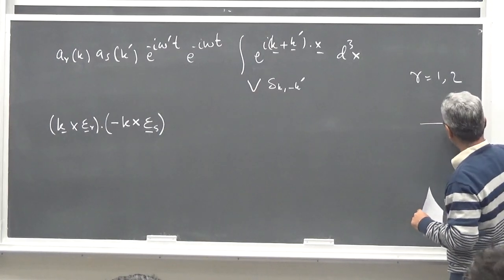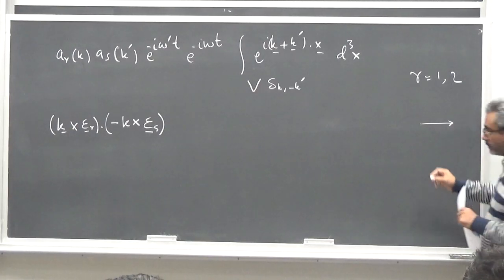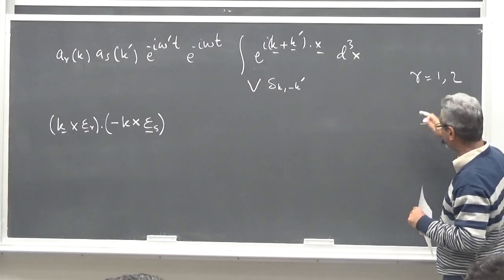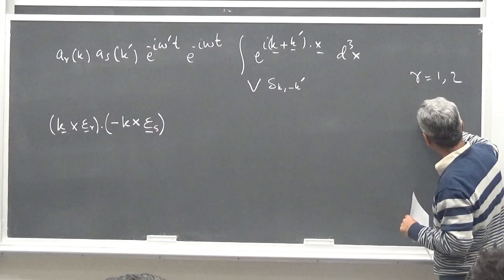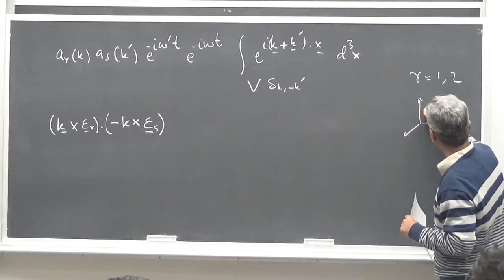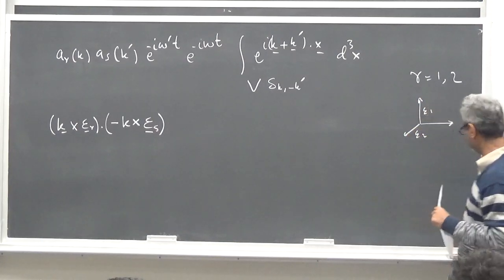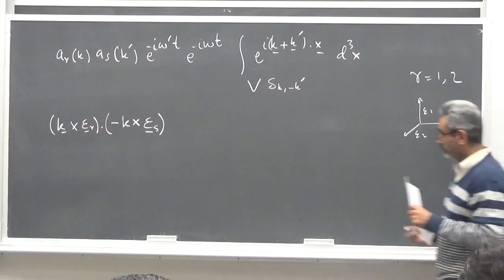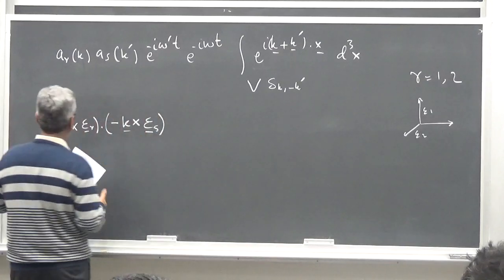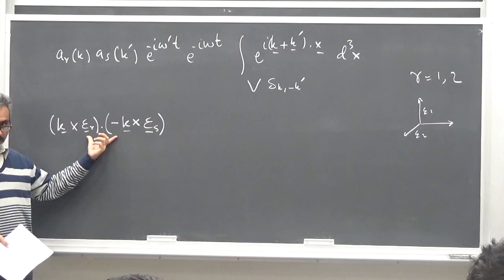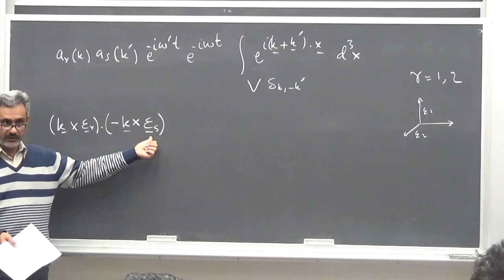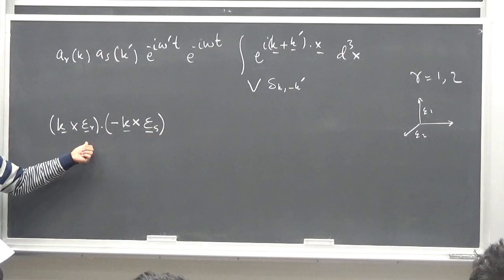So this is the direction of K, and epsilon gives you the parameterization or the basis in the plane perpendicular to this, right? So this is epsilon 1 and this is epsilon 2. Right? That's what these things are. So if you were to look at this, this is either 0 when these two are different, or this is minus k squared.